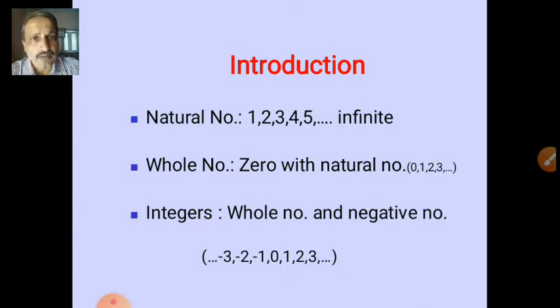There are countless negative numbers also. In our example: minus 3, minus 2, minus 1, 0, and then 1, 2, 3. Now keep the distinction between natural numbers, whole numbers and integers very clear in your mind.